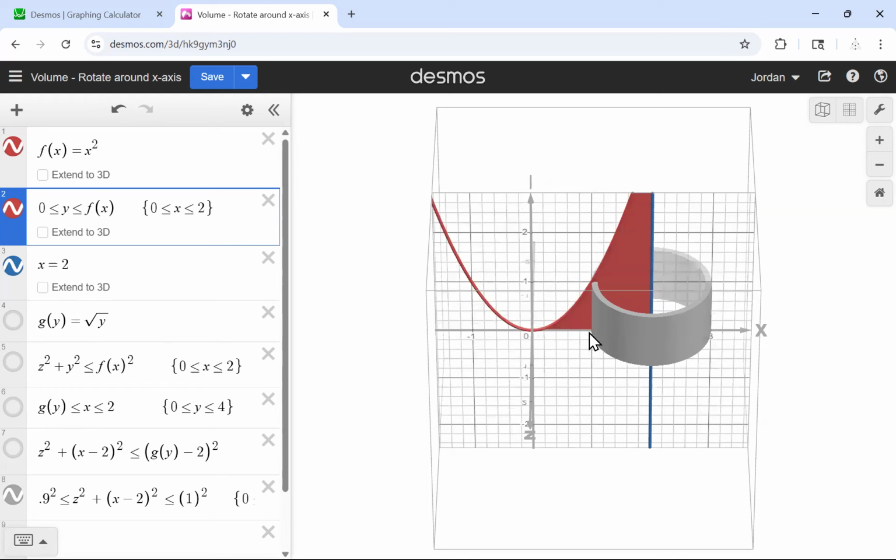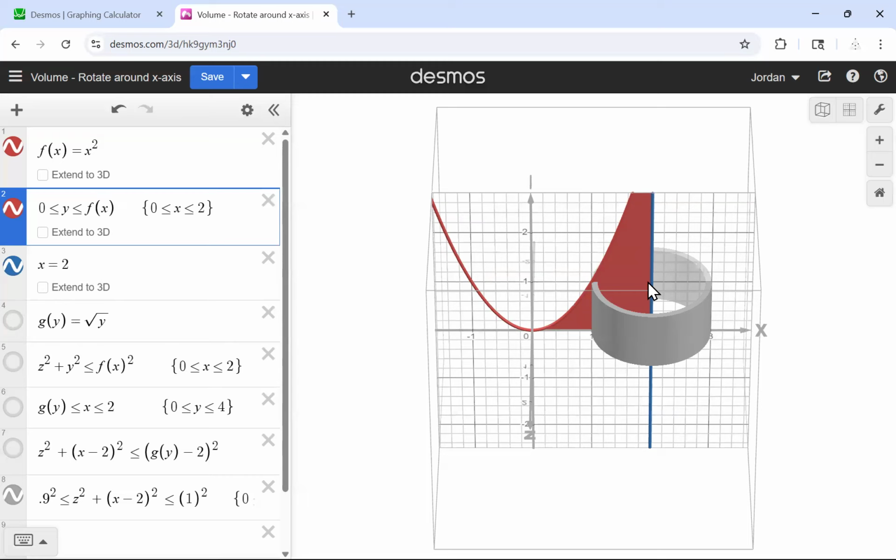But again, the height of the cylinder is determined by, in this case, my curve y equals x squared down to y equals 0. And the radius is some arbitrary x value down to the line x equals 2 that I'm rotating around.